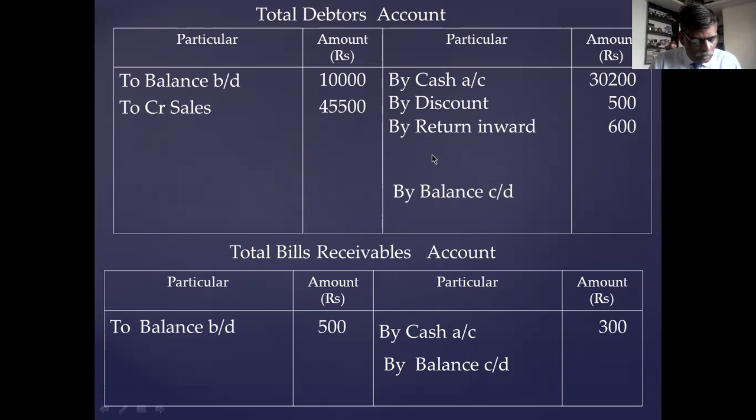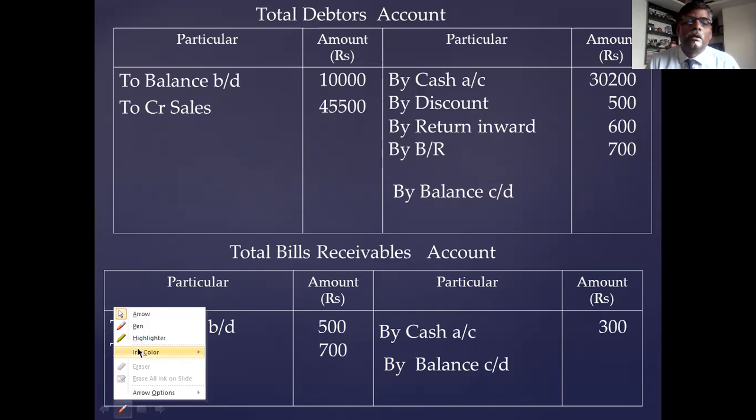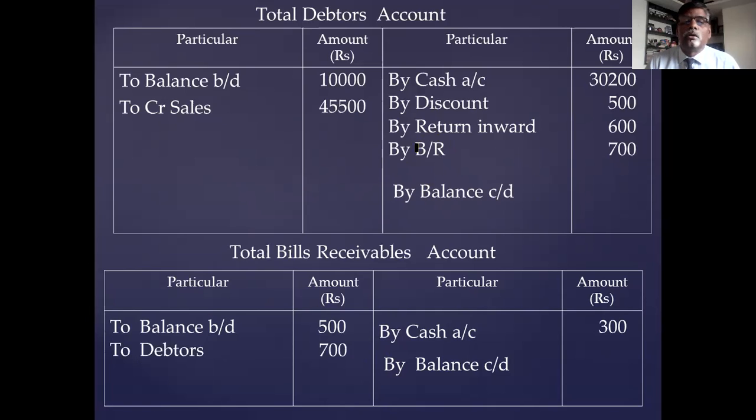After return inward, then there is bills receivable. By bills receivable, bills receivable received, that is 700. If you recorded it here as bills receivable, the same you have to take in the bills receivable account as to debtors, 700. This is the point you have to see.